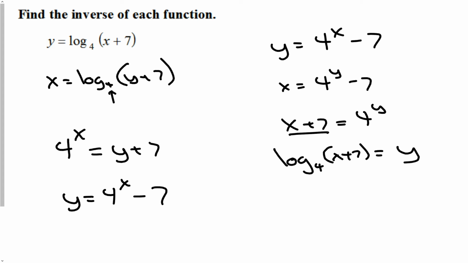Okay? So that's sort of the idea of the way that you would take a logarithm and take its inverse by changing it to an exponential function, something with a variable in the exponent, and an exponential function and changing it back to a logarithm using inverses. These two functions are inverses of each other.